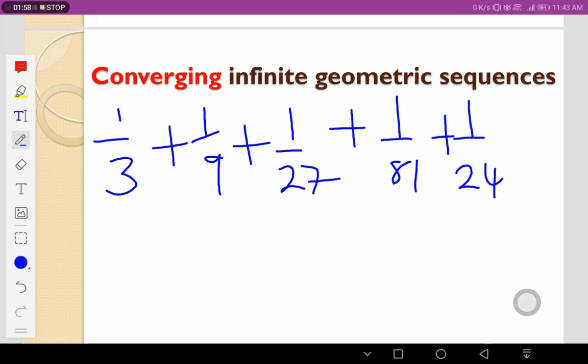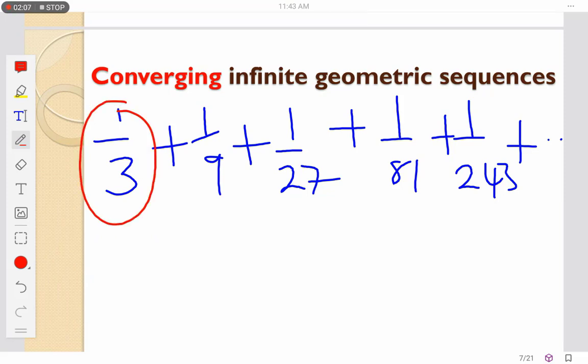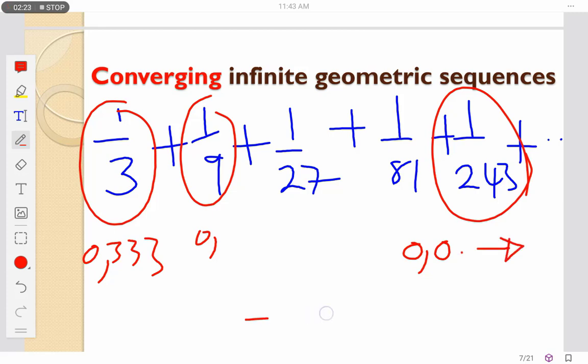From this example, I started off with 1 over 3, which is a bigger number, 0.3333. Then we go on, and this one is now smaller. Even if you divide 1 over 243, you get a number that is 0.0 something. The value is going closer to 0. So this is converging.